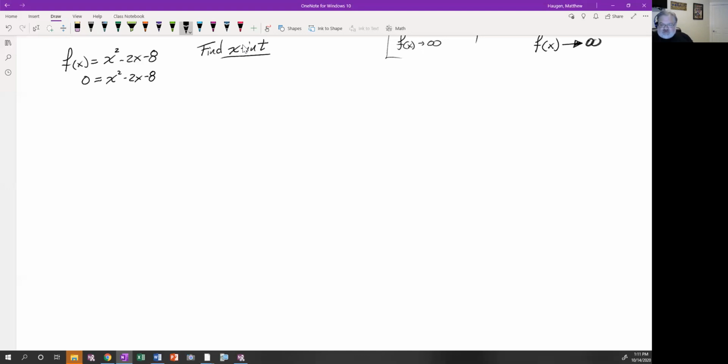Completing the square? Completing the square is a good tool, but even before completing the square... Is it just factoring it out? It's just factoring. Yeah, if it's nice and factorable, we should factor it before we use any of those other tools.